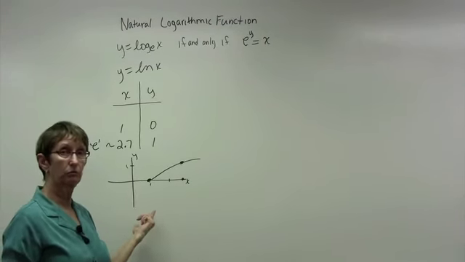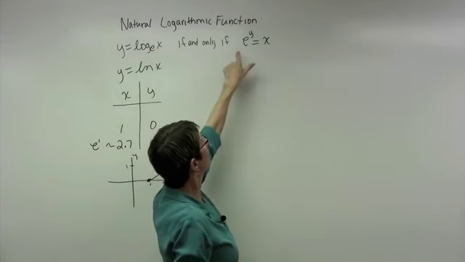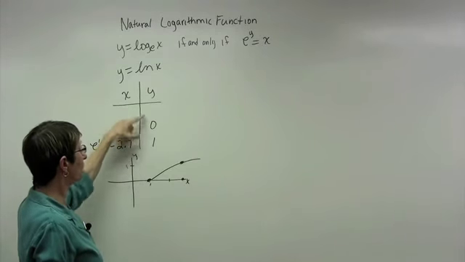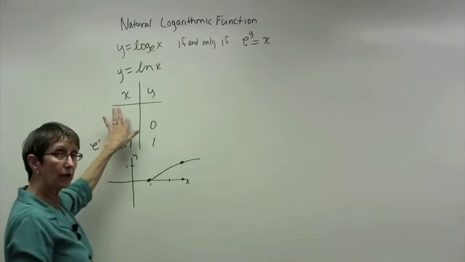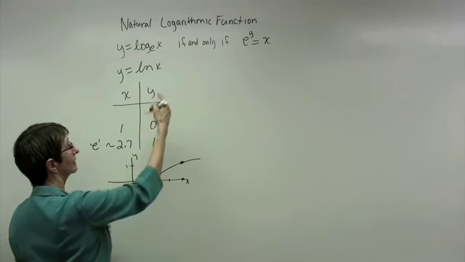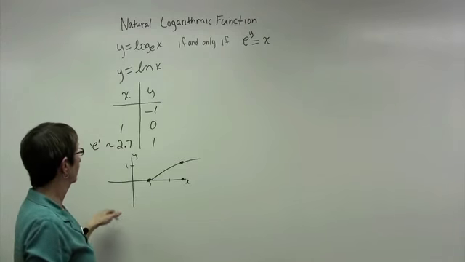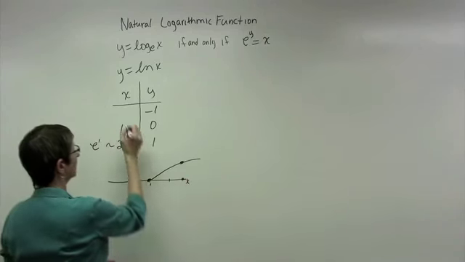Can I put in 0? If x is equal to 0, I would have e to some number equals 0. Well, it doesn't matter what you put in for your number, you're not going to get a 0 for x. Let's try letting the y value be negative 1 and see what we get. If y is negative 1, I have e to the negative 1.